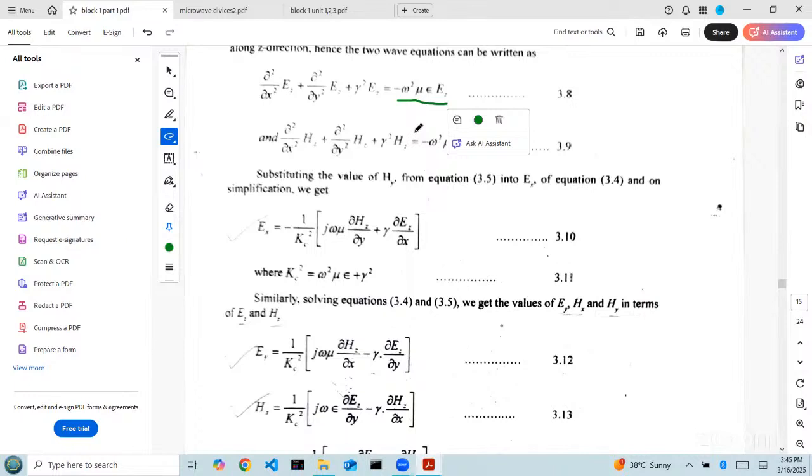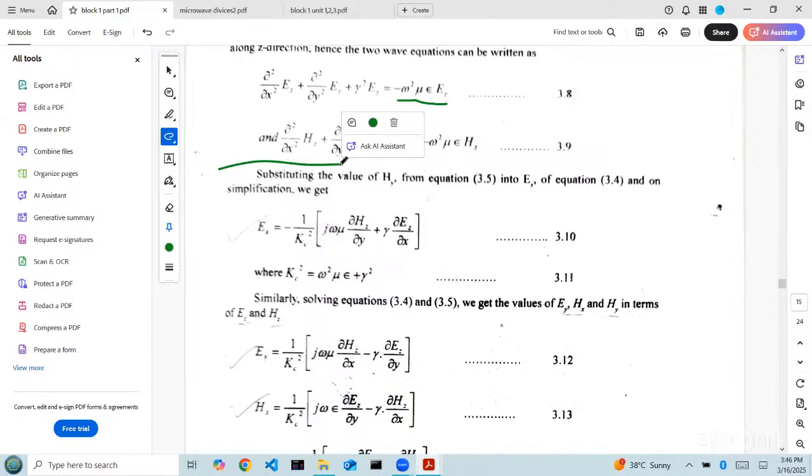Next, what do we have to do? Substitute the value of Hy from 3.5 into Ex of equation 3.4. Up to here, leave that field. Next, come to 3.4 and 3.5.